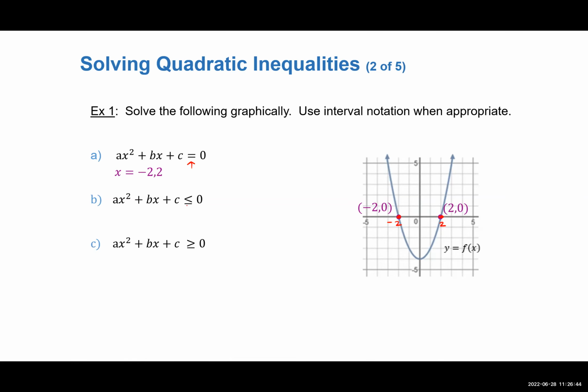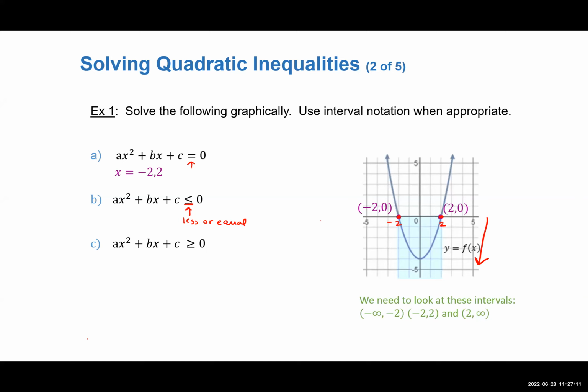Now, when's the quadratic function less than or equal? Because it says or equal, we're going to have inclusion of the ones that are actually where it equals. So less than is going to mean below. So we're going to be looking at that section of the graph right there, that blue section.